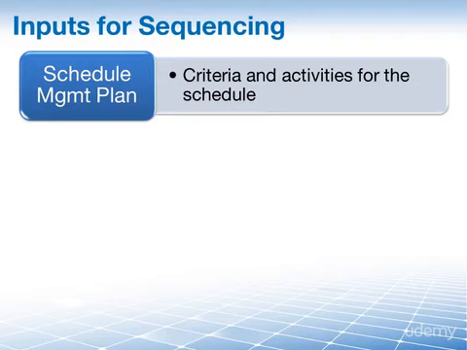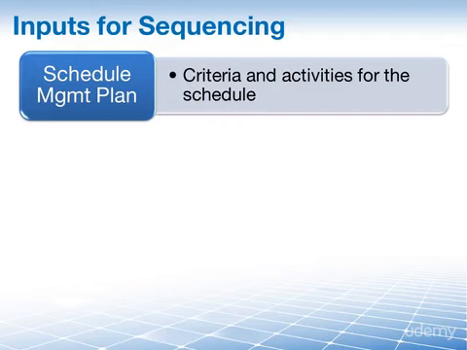A very silly example would be that if you're building a house, then you need to build the foundation first and work on the roof more towards the end. Usually this is evident in the activity list, and the point here to have the schedule management plan as an input is really just to verify that nothing was overlooked.